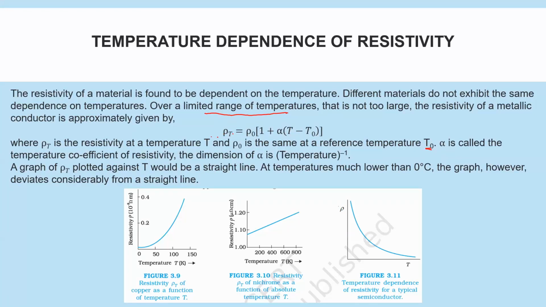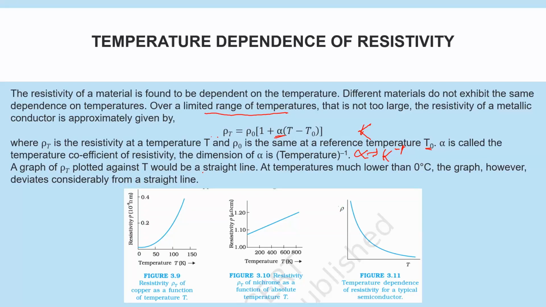The relation is rho T equals rho 0 multiplied by 1 plus alpha times T minus T0. Alpha is the temperature coefficient of the resistivity, and its dimension is the inverse of the temperature. So if your temperature is in Kelvin, the unit of the coefficient is Kelvin inverse. That is the significance of this.